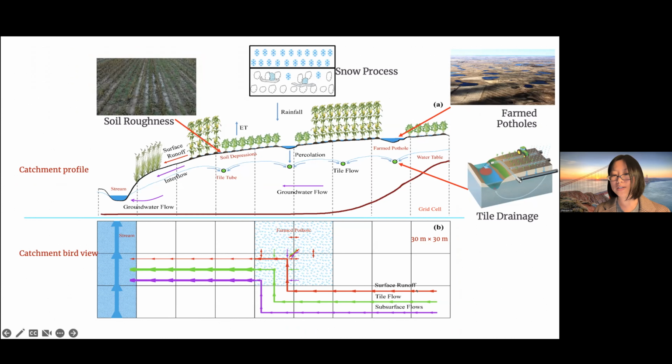And we also separate water flow into surface runoff, tile flow, and subsurface flow. So nitrogen leached from soil will travel along with them with a different flow velocity. And since those flows have different residence times, the nitrogen traveling with them will have different decay rates. So eventually at the catchment outlets, we can quantify how much nitrogen loading is delivered by each flow and the relative contribution from each flow.